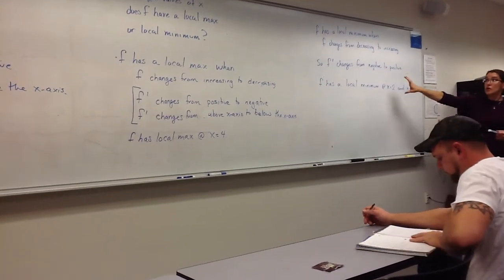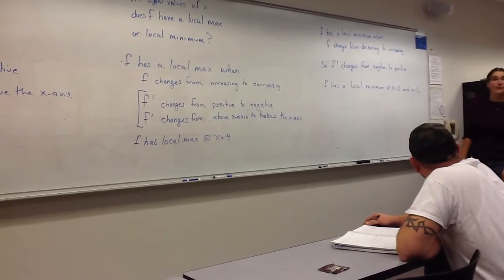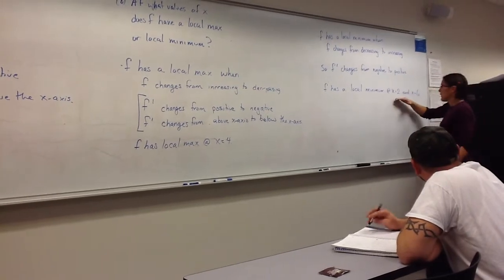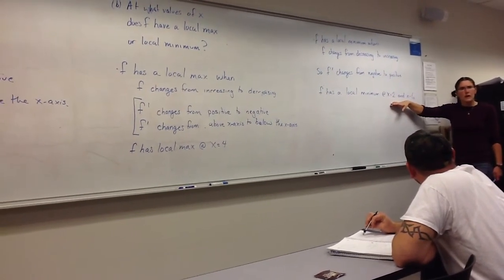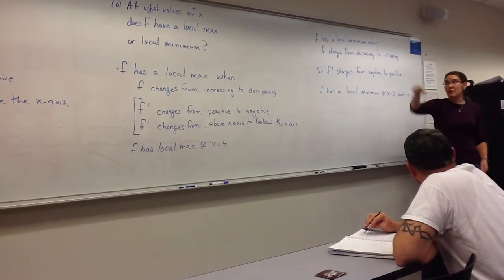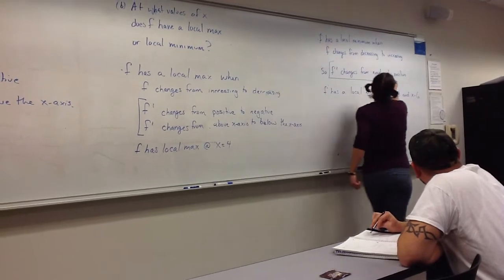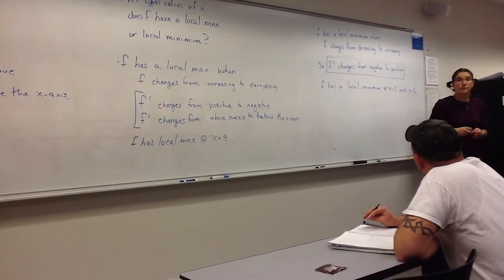All right, so when we're looking at these explanations, we're looking for both an answer of what the x values are, and then a connection back to the graph. Our connection is that f prime changes from negative to positive when f has a local minimum.